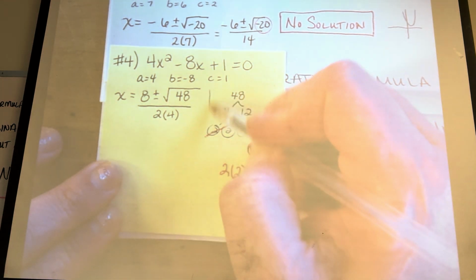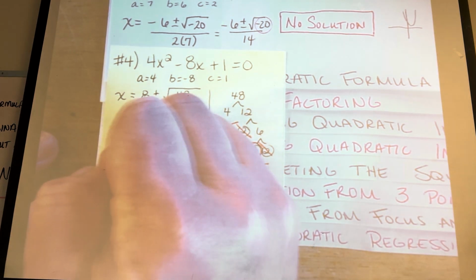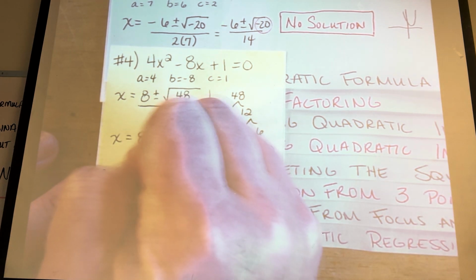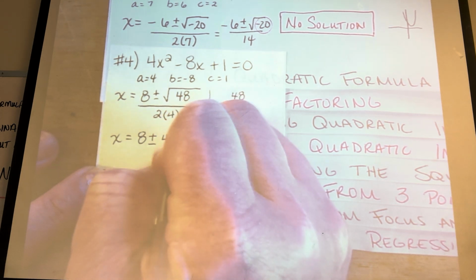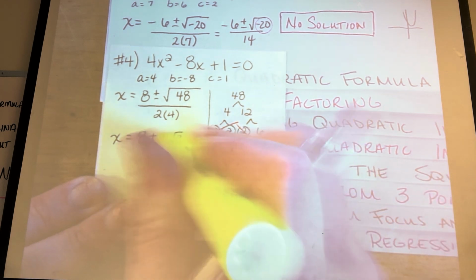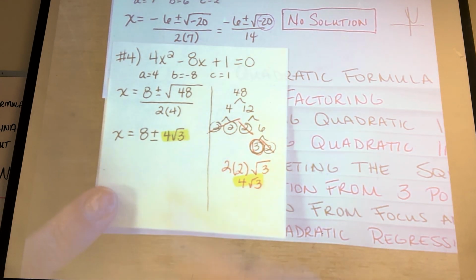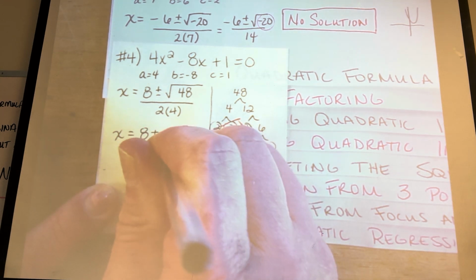Okay, I'm going to draw a line to kind of separate that out. So then when I come back over here, that leaves me with x equals 8 plus or minus 4 square roots of 3. Okay, that just came from our factor tree. 8 plus or minus 4 square roots of 3 divided by 8.